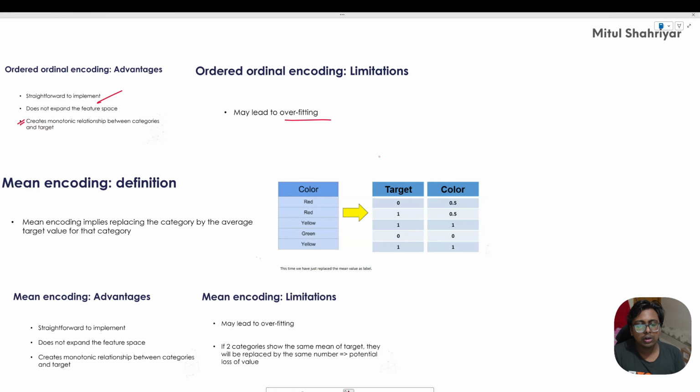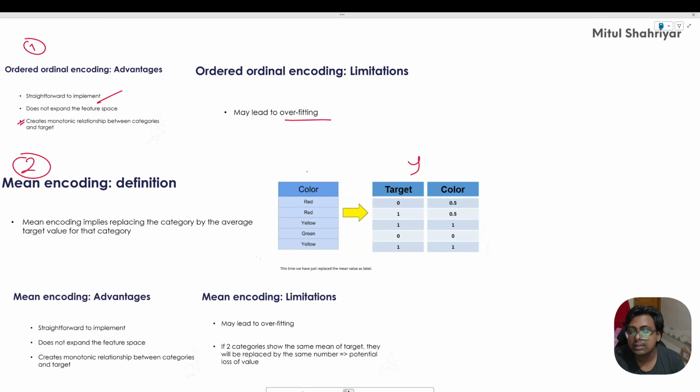Now let's talk about the mean encoding definition. The second one, I've already gone through the first one, ordinal encoding, right? Within the monotonic relationship. So mean encoding implies replacing the category by the average target value for the category. Okay. So this time we'll replace the mean value as label.